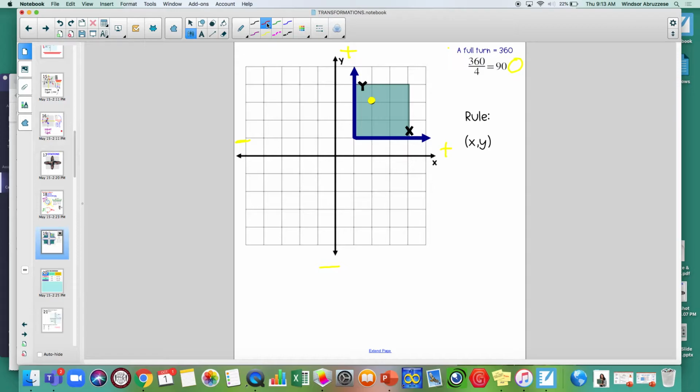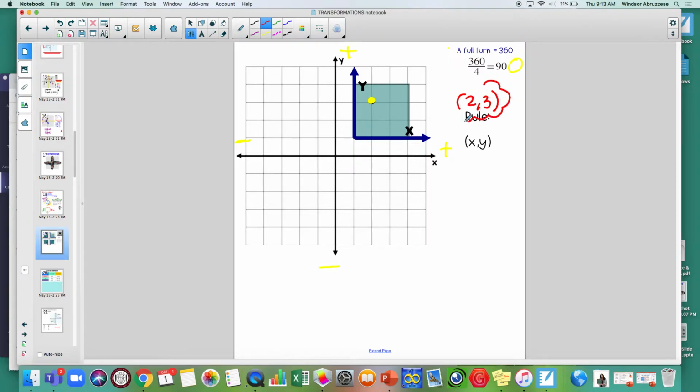Okay? So there are rules for rotation, and there are things that you want to memorize to help make rotations a little bit easier. As I said in class, rotations are a little bit trickier because there's a lot of rules, but I'm going to show you where these rules come from. So I have my starting point, this yellow dot I told you to pay attention to, and that coordinate is (2, 3).